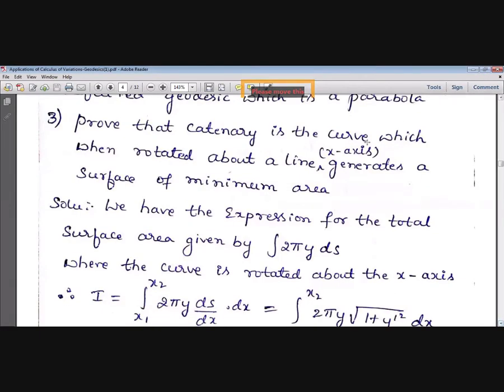Second problem. Of these two problems, they will ask one. Pakka, they will ask one. In these two, either they will ask on a plane surface, or sorry, they will ask on a plane or on an earth surface.